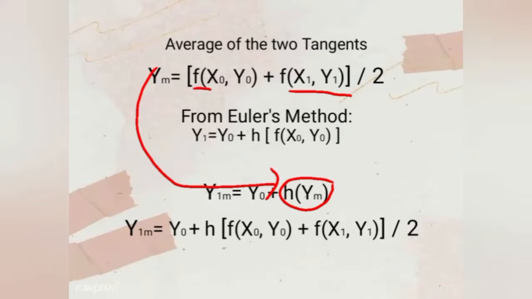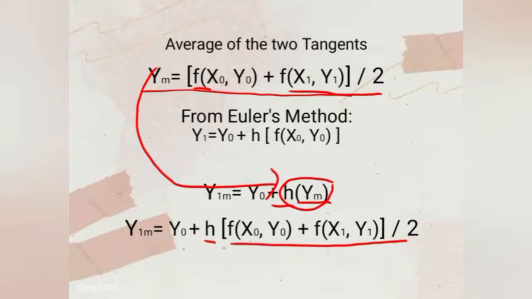So we come up with this equation: y sub 1m is equal to y sub 0 plus h times the equation for y sub m. So the equation for this modified Euler's method is y sub 1m is equal to y sub 0 plus h multiplied by the function of x and y sub 0 plus the function of x and y sub 1, all over 2.